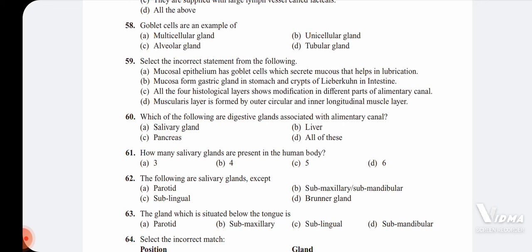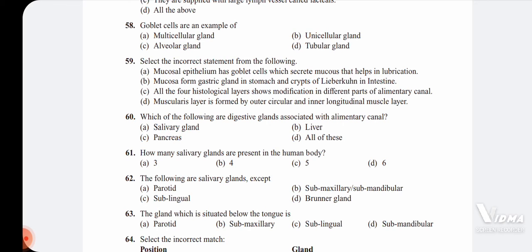Option B, mucosa forms gastric glands in the stomach and crypts of Lieberkuhn in the intestine. This statement is also true. Options A and B are both correct. Option C, all the 4 histological layers show modification in different parts of the alimentary canal.